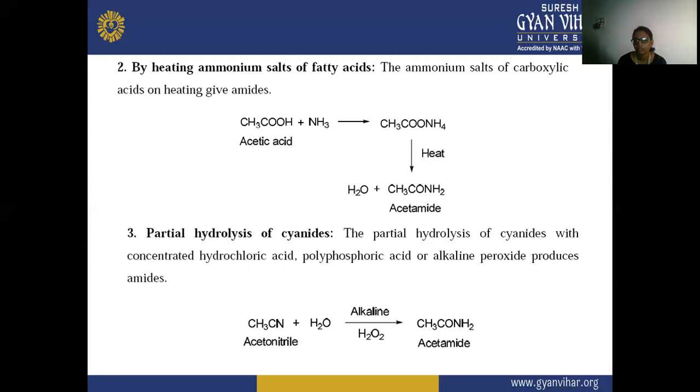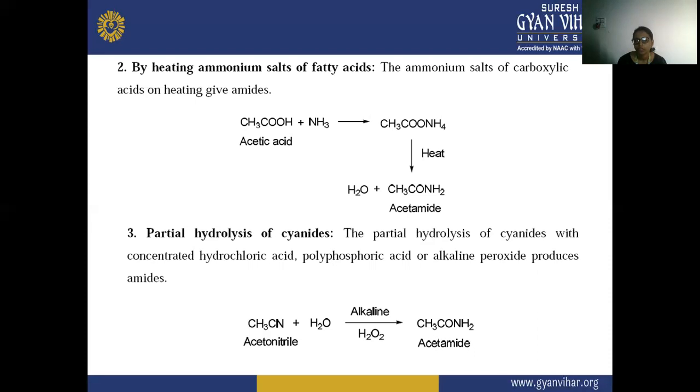Hydrolysis means there is a water molecule involved. So with that hydrolysis, we are also using concentrated HCl, or polyphosphoric acid, or alkaline peroxide. After that, there is a formation of this acetamide.